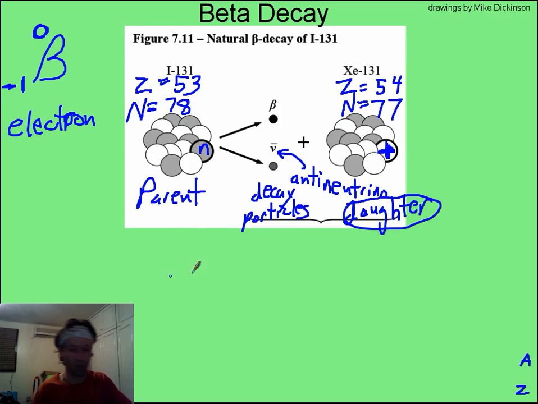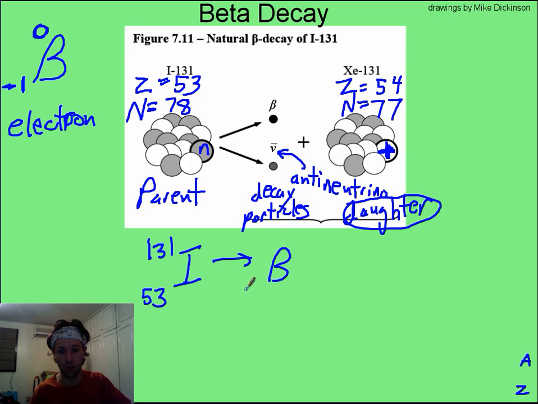Now the math down here is pretty simple if you work out the equation. You've got iodine, and it's going to go through decay. It's going to break into your beta particle, -1 because it's opposite of proton. This is your symbol for antineutrino. It's antimatter, so that's why you put this little line over it. It has 0 charge or proton value, 0 mass.